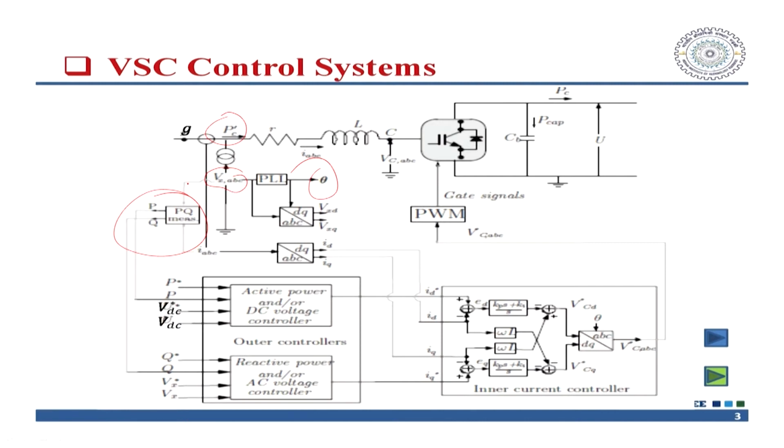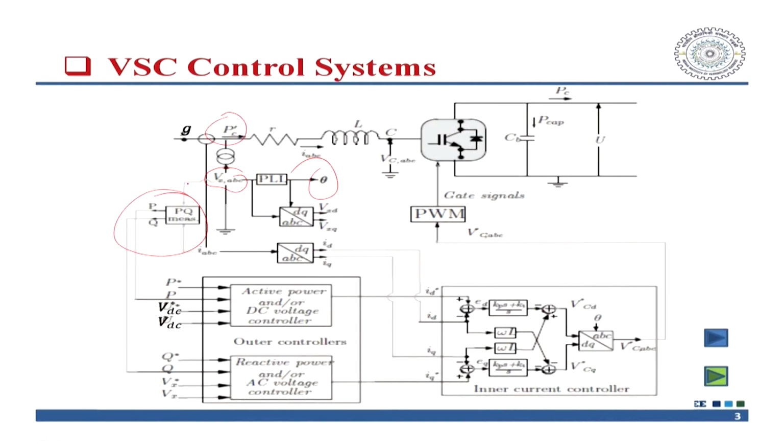You know very well that you have a 3-phase system ABC. From ABC you go to the alpha beta frame, which is nothing but resolving into the xy coordinates, that is alpha beta. When alpha beta is rotated at a synchronous speed, or the frequency generated by the PLL, and the instant position is given by theta, then in this frame of reference the fundamental component looks like a DC parameter.